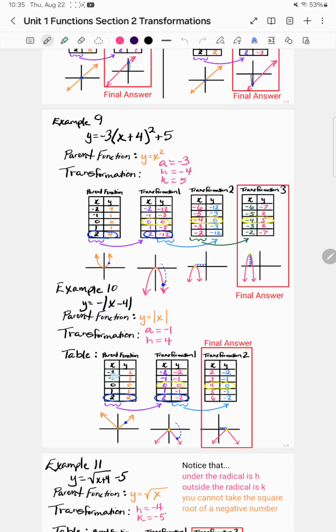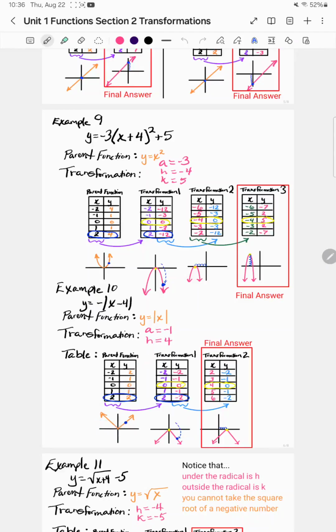So if I put in a negative 2 in there, I get a positive 2 to equal y. But if I put in a positive 2, I still get a positive 2 for the y because it only takes away the negative. So you want to recognize the difference between a quadratic function with x squared versus an absolute value function with these bars.